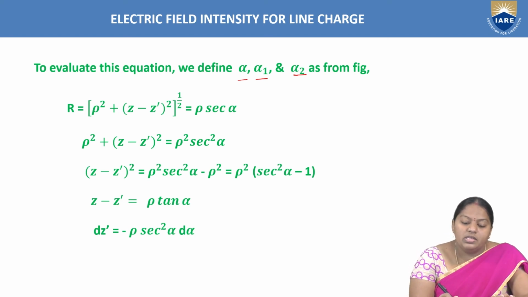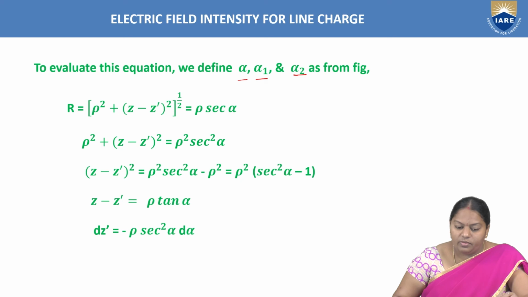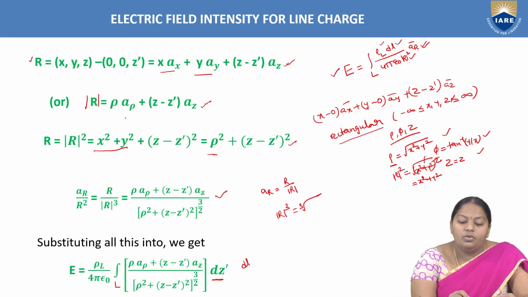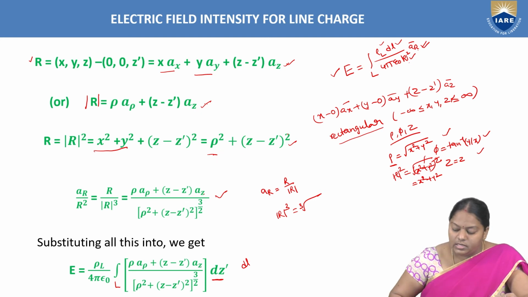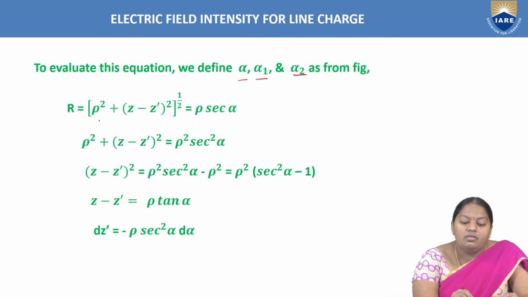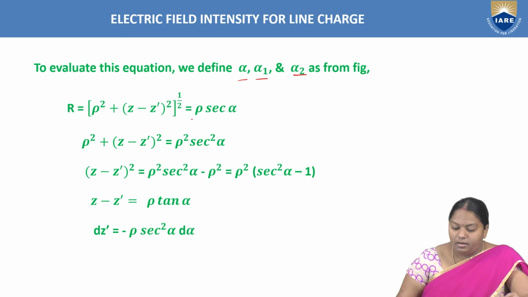So R equals, as previously considered, rho a rho plus (z minus z dash) a z. Then if you find its magnitude, rho squared plus (z minus z dash) whole squared. Hence R equals (rho squared plus (z minus z dash) whole squared) whole power 1 by 2, which is equal to rho secant alpha.